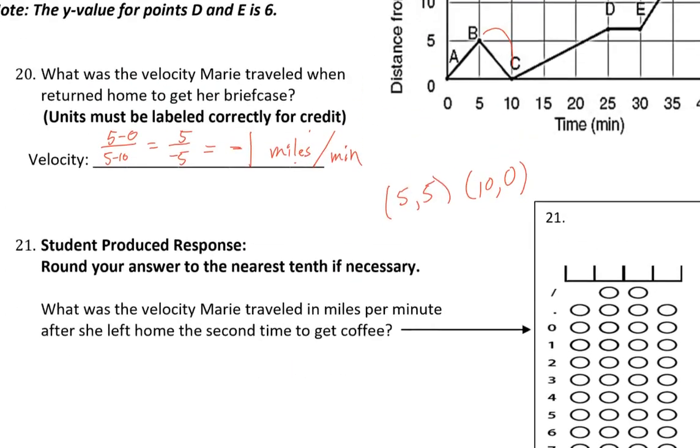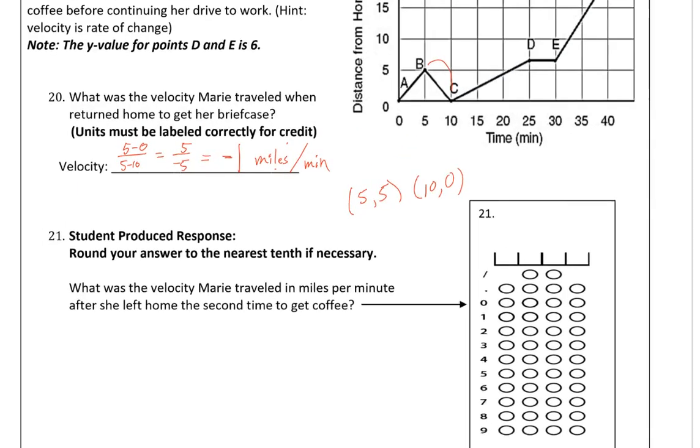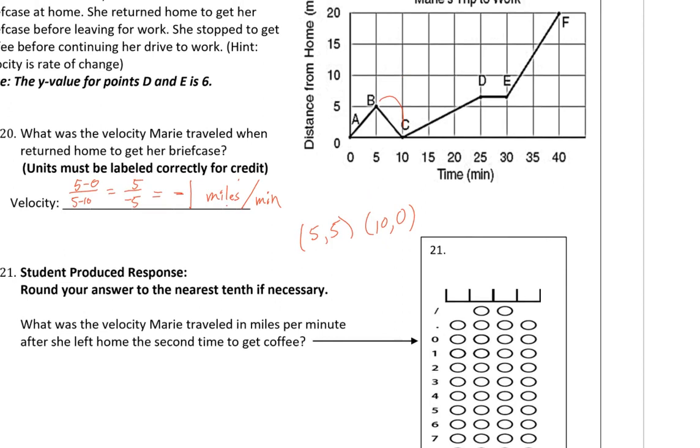And our last question here. What was the velocity Marie traveled in miles per minute after she left home the second time to get coffee? So here we were driving to get coffee before we went to work. So we're looking at from C to D. So for C, we already said the coordinate was 10, 0. D, it tells us it's at 6, so it's at 25, 6.